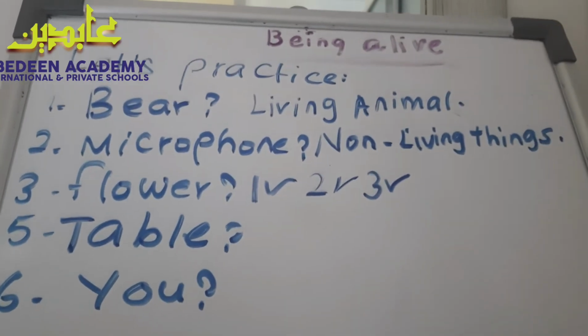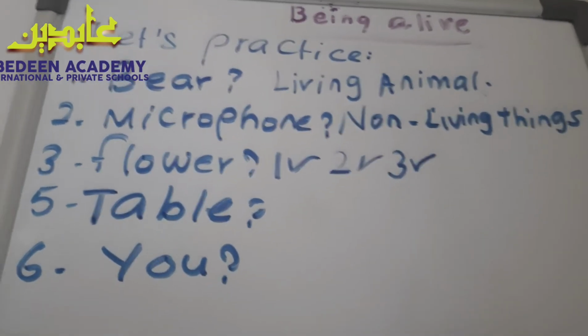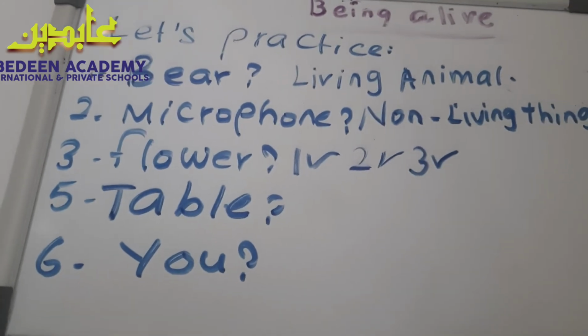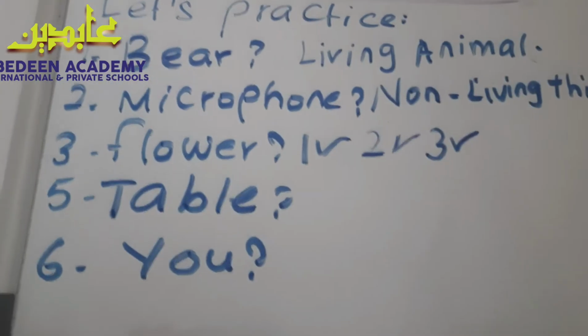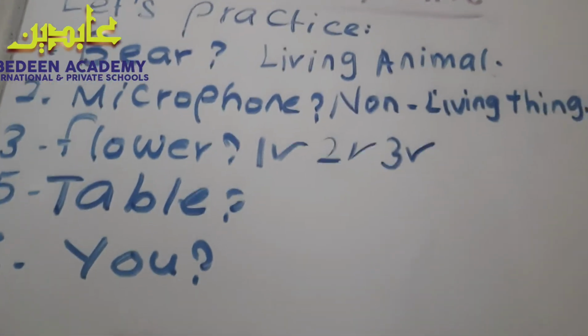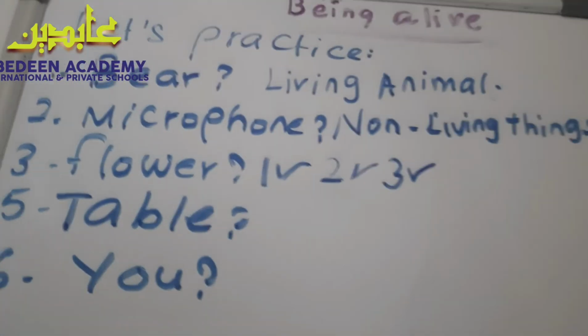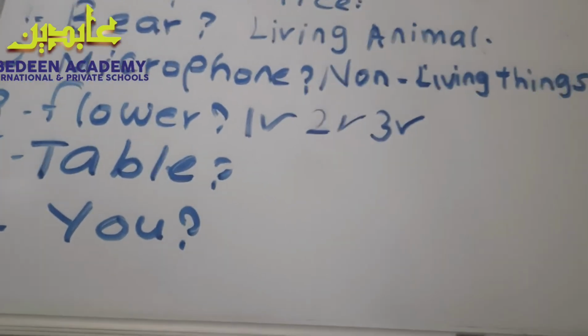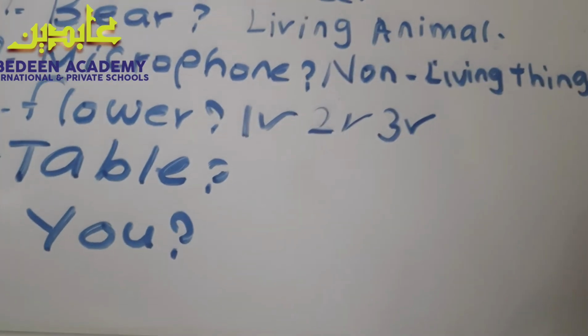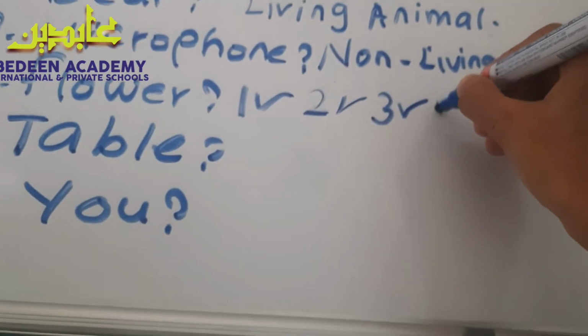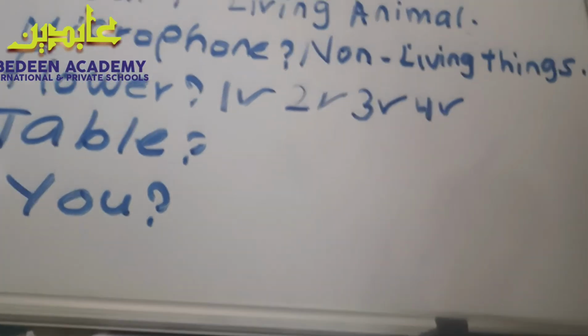And does it breathe? This is also a trick question. Does a sunflower breathe? Right. So we may not see how a plant breathes, but it breathes. And it actually gives us the oxygen that we need. So a sunflower, yes, it does breathe.